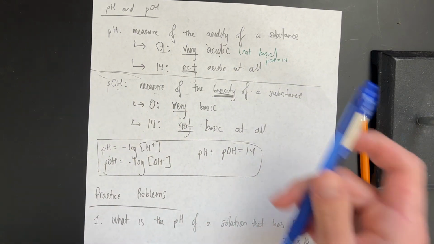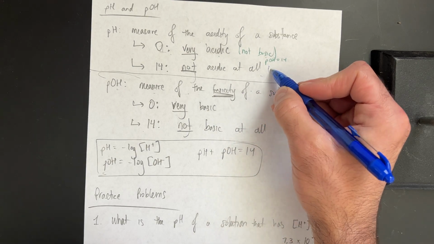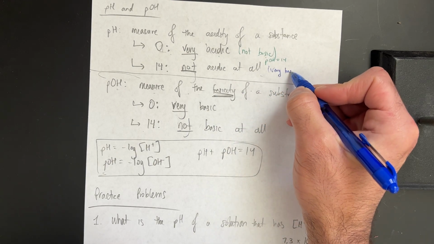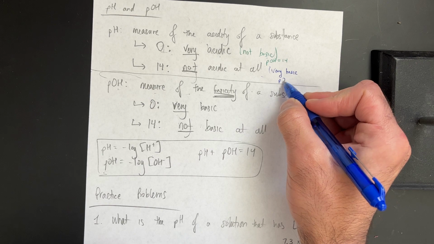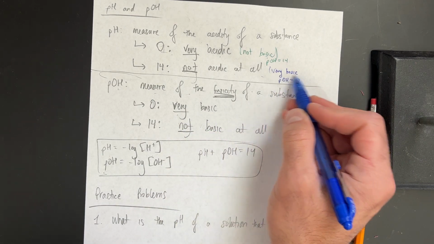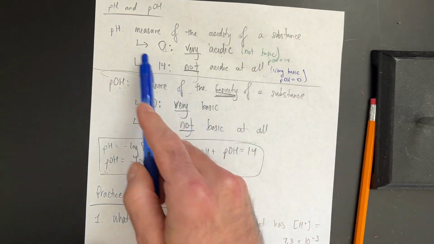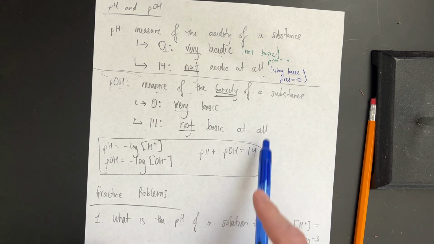Whereas conversely, if something is not acidic at all, that means it's very basic, right? And so if it's very basic, that means it has a pOH of 0. And so in this situation, pH equal to 14 plus pOH equal to 0, again, equals 14.